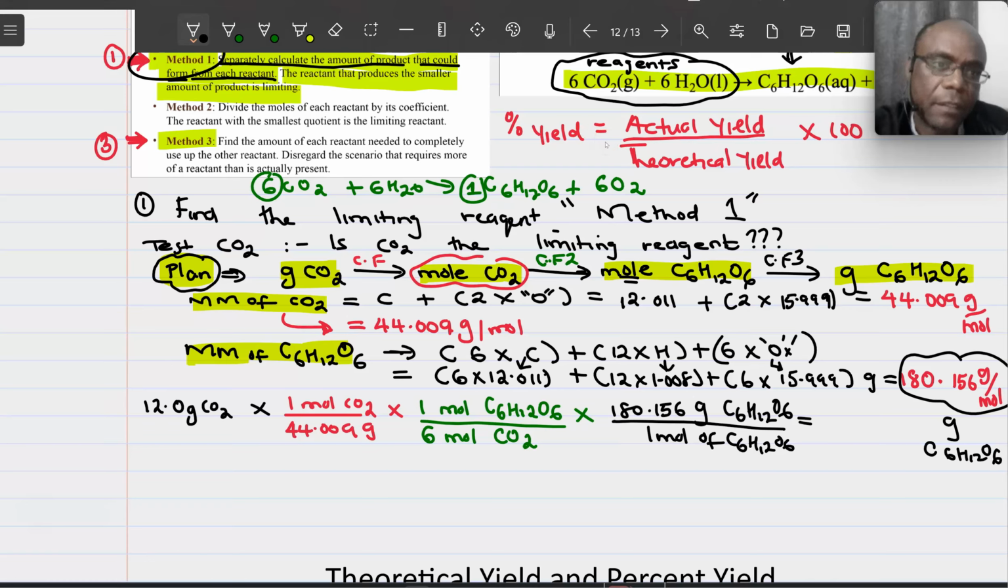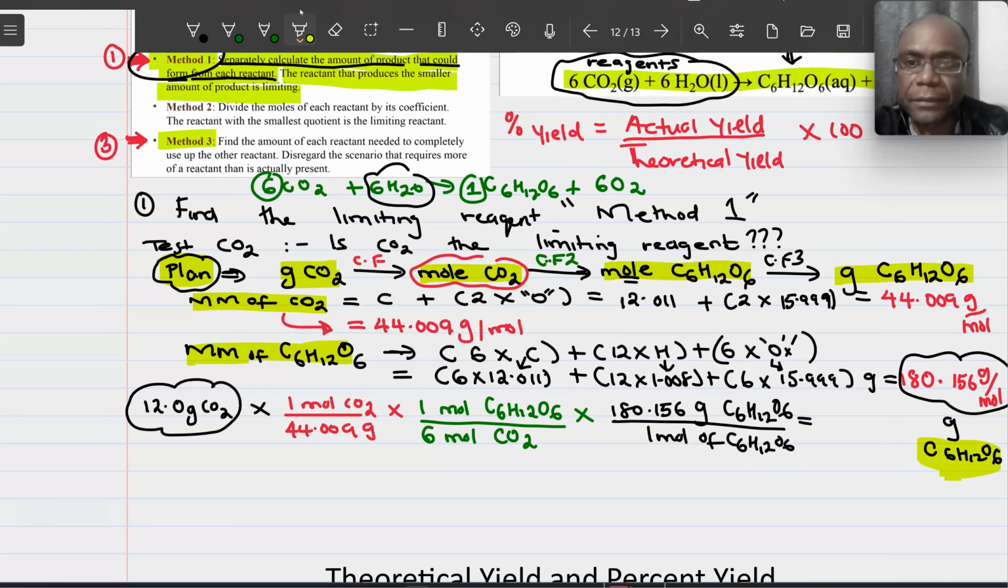Using method 1, once I test CO2 to see if it's limiting, I'll also test water to see if it's limiting. Whoever will give us the least amount of glucose in grams will be the limiting reagent, either CO2 or water. The limiting reagent is always one of the reactants. So let me do the math and then tell you what I get.